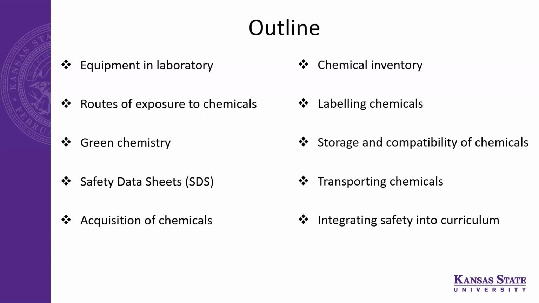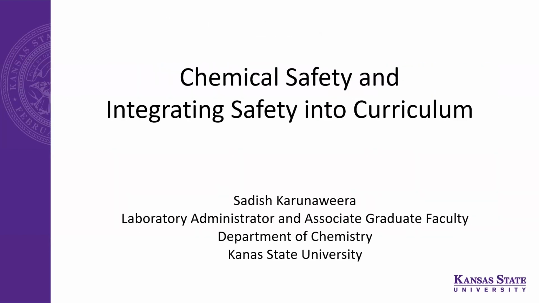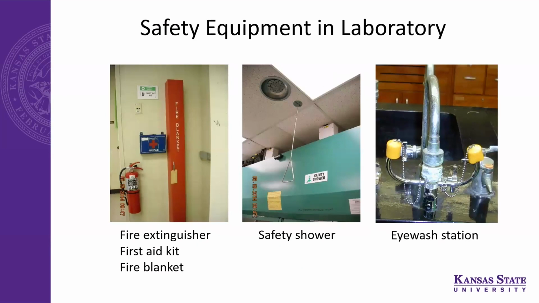So I'm going to talk about chemical safety and integrating it into the curriculum. This will be my outline for today. First, let's look at the basic equipment in a chemistry lab.